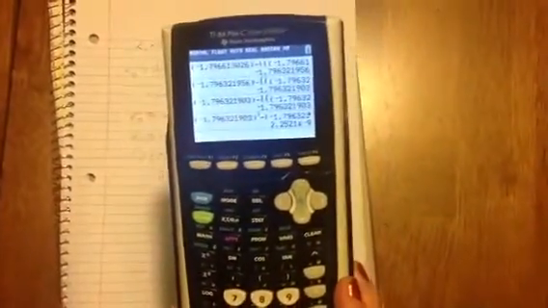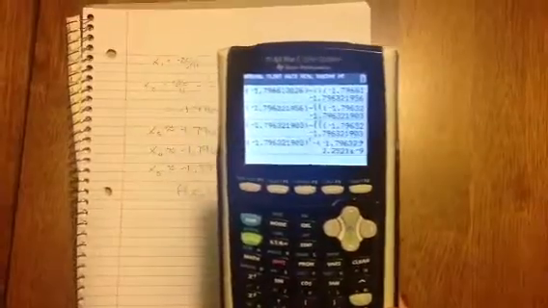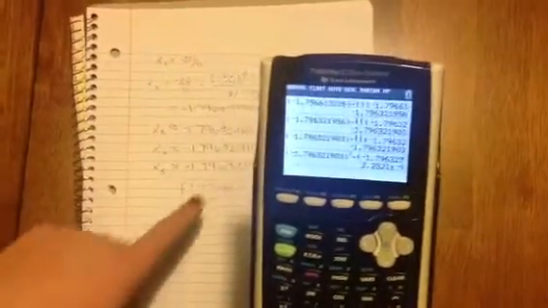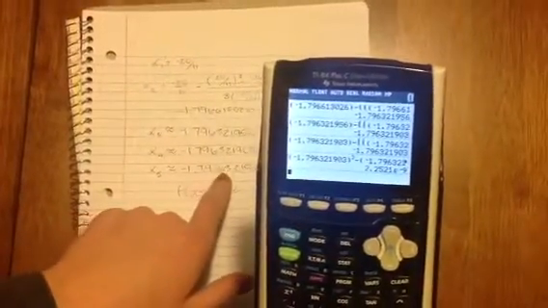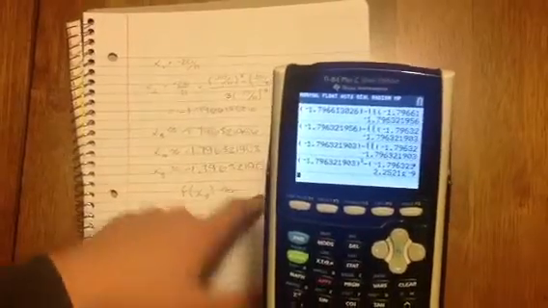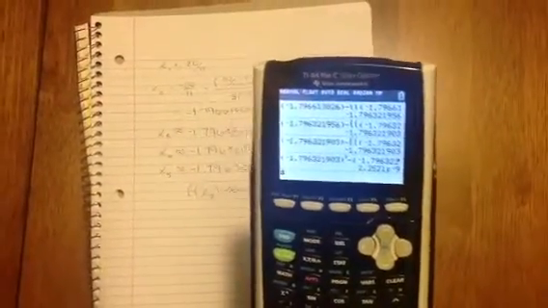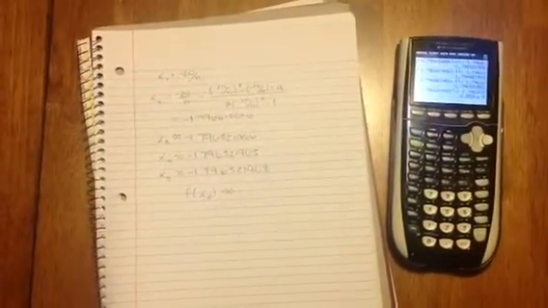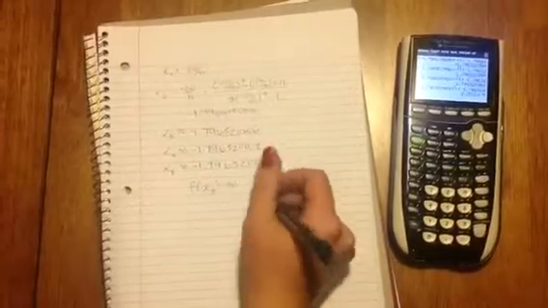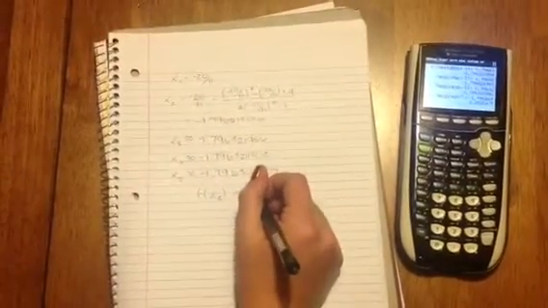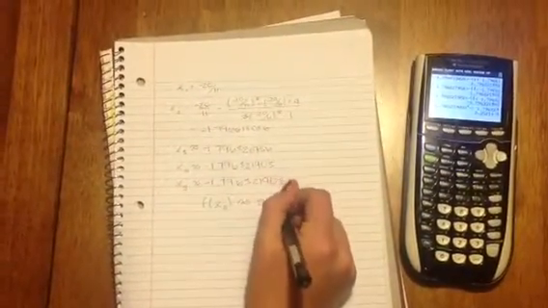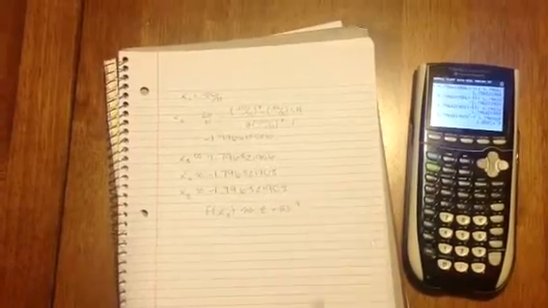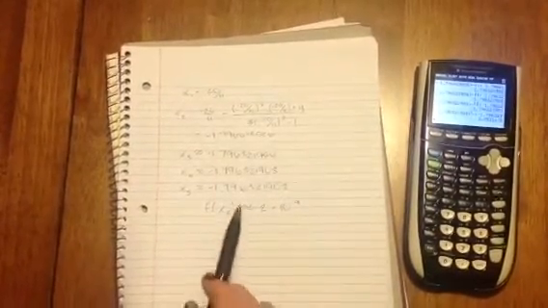So the original function is x cubed minus x plus 4. So this is plugging negative 1.796321903 back into that original function to check our answer. So that gives us 2.2521 times 10 to the negative 9, which is about 0. So we're just going to say it's about 2 times 10 to the negative 9, and that's about 0.